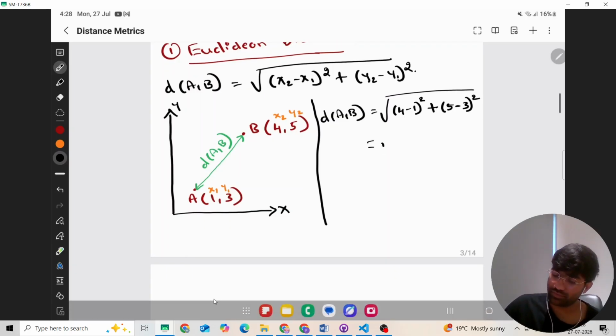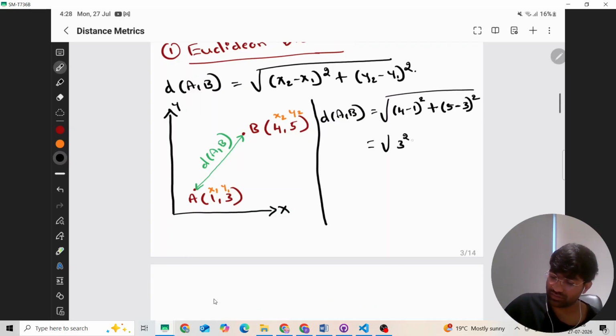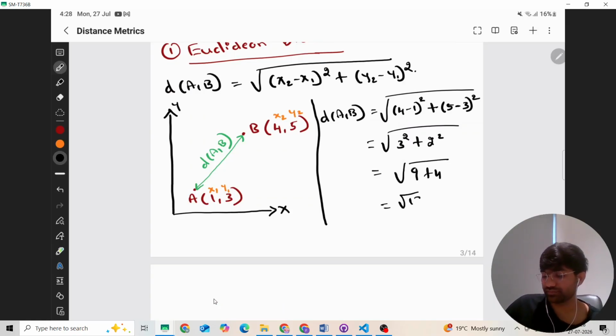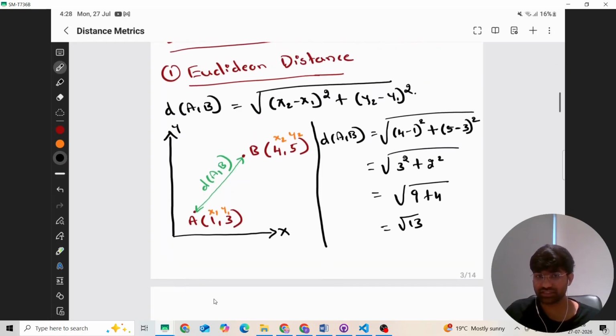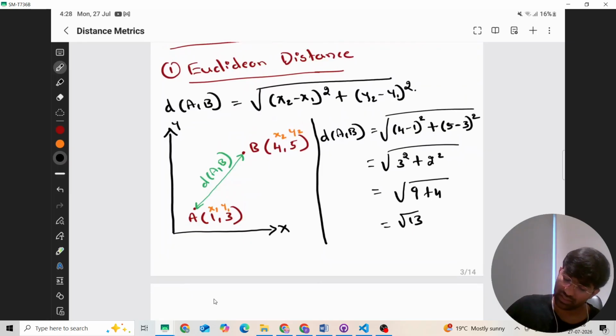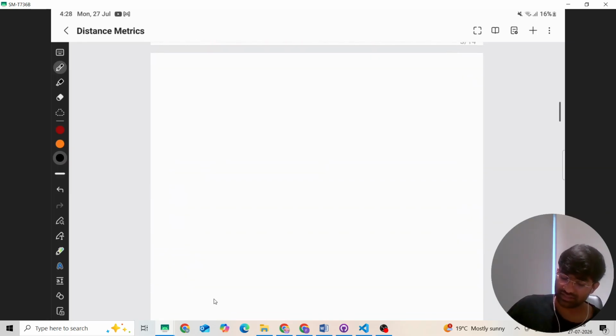That will be 3 square plus 2 square. It will be square root of 9 plus 4, that is square root of 13. So this is the distance between A and B. Using the Euclidean distance, we have found the distance between two data points A and B. Very simple.